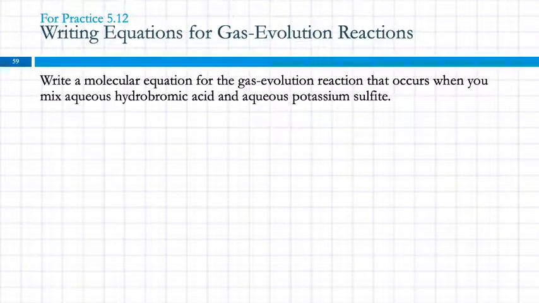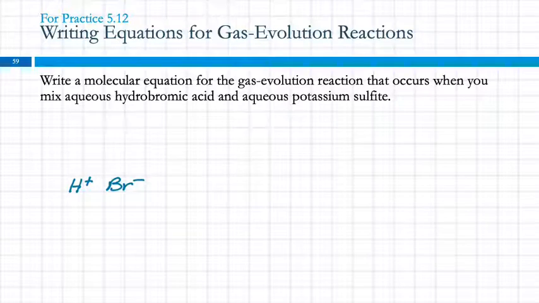Write a molecular equation for the gas evolution reaction that occurs when you mix aqueous hydrobromic acid and aqueous potassium sulfite. So we start out with writing the formulas for the reactants. Hydrobromic acid, what kind of an acid is that? Binary or oxyacid? Yeah, it's binary because of the hydro prefix. So binary acid, we've just got hydrogen ion and the anion, which here would be bromide.